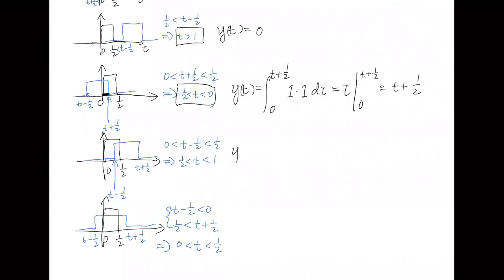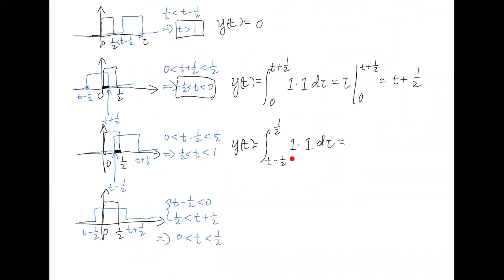Okay, another one, y of t equals the integration. The common interval here is from here to here. So that's from t minus half to half, right? And the 1 d tau, right?